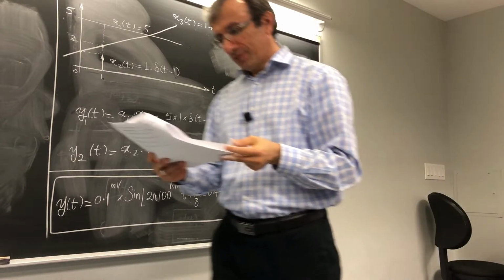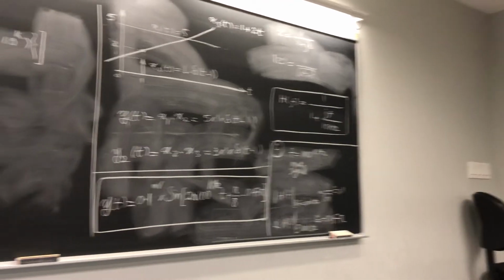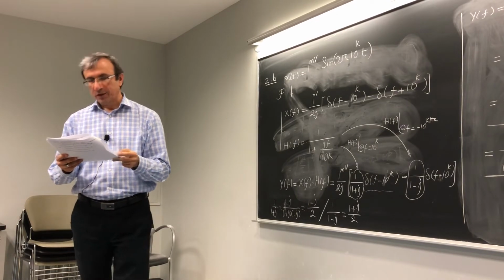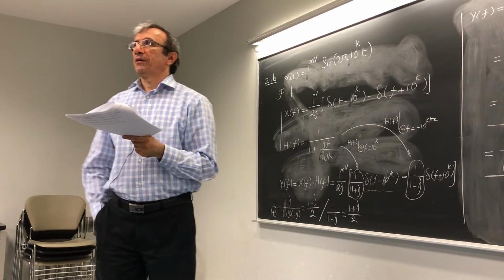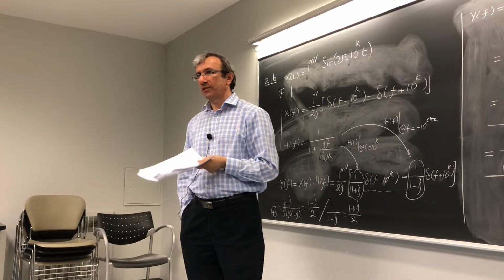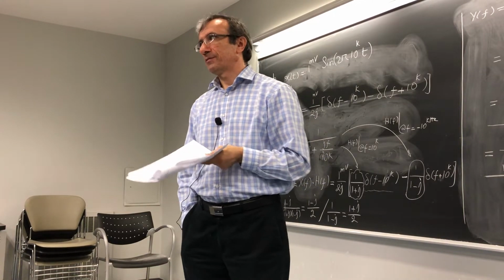Part D is a little different from A, B, and C. That is indeed a white Gaussian noise with zero mean value and RMS value of 1 millivolt. Do you remember what was the output of a filter or a linear system when the input is a random signal or noise?